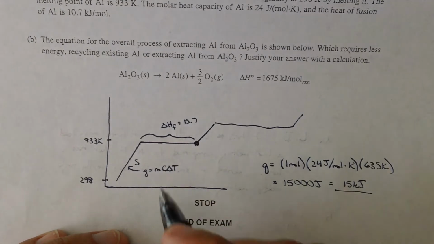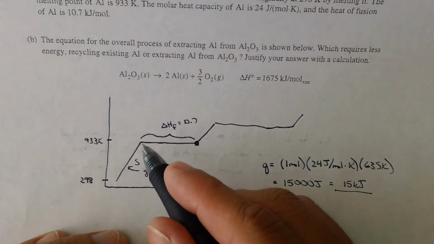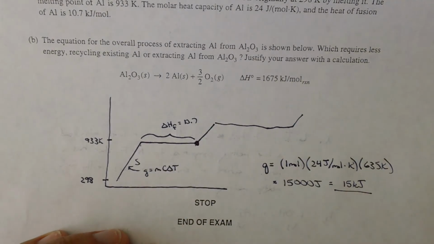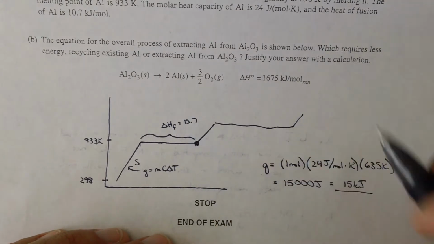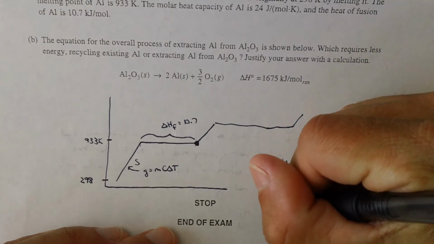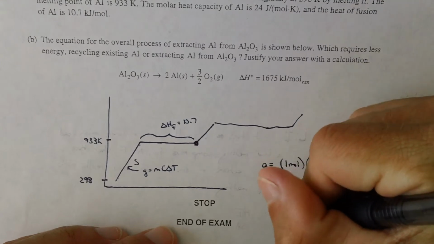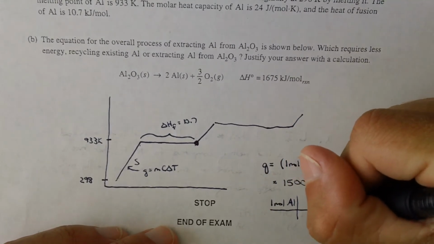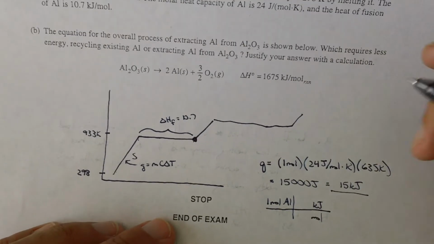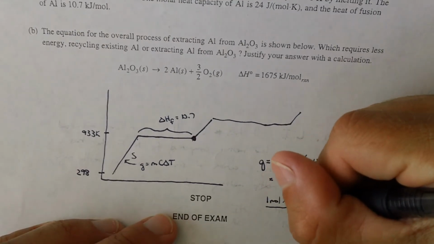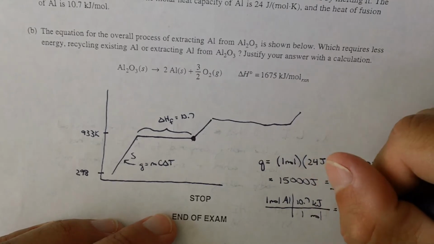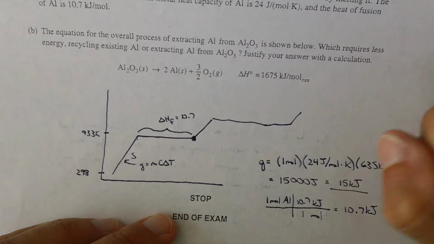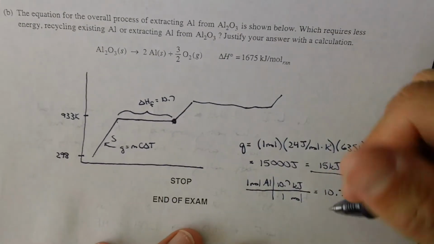Then we would have here the energy it took to go and melt that solid aluminum. The nice part here is we only have 1 mole of aluminum, and they gave us the kilojoules per 1 mole of heating that up. So 1 mole is 10.7 kilojoules. And so the flat part of the curve there takes another 10.7 kilojoules of energy.